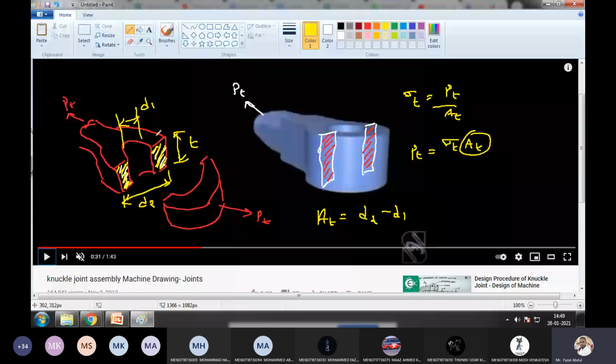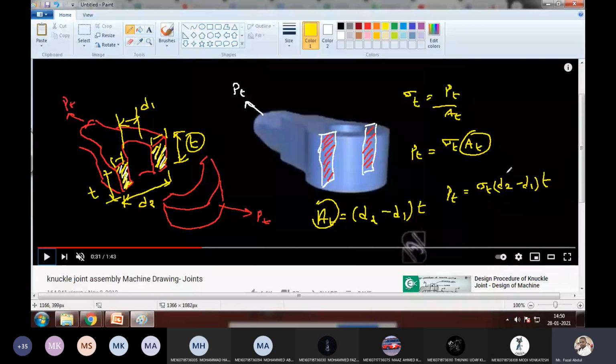And if you multiply this product with t, it means t here and here also t. So two rectangles are generated if we subtract D2 minus D1. For the two rectangles, the common thickness is t, so that is the reason I'm multiplying with t. So that is the failure area. So Pt equals sigma t into D2 minus D1 into t.